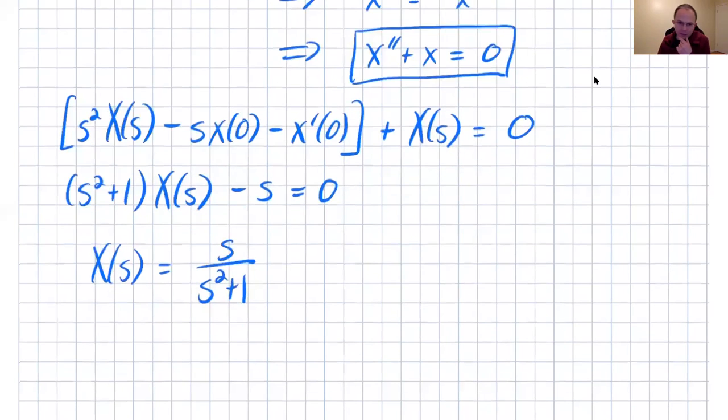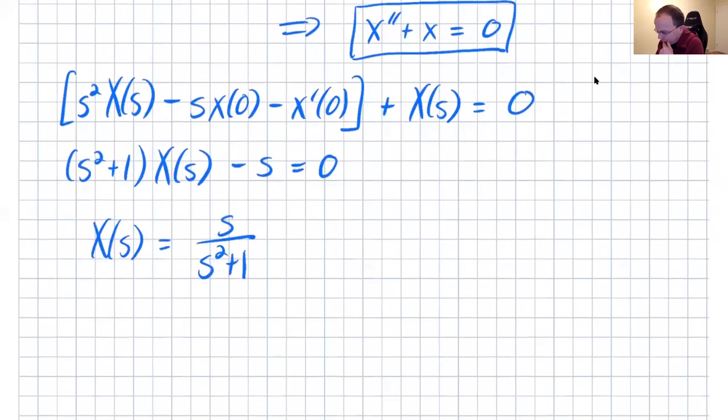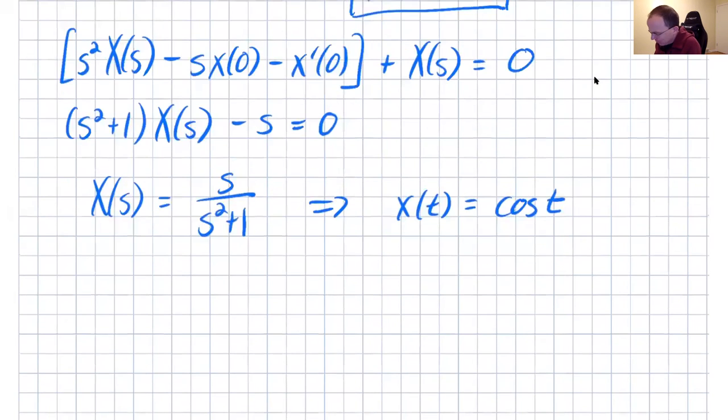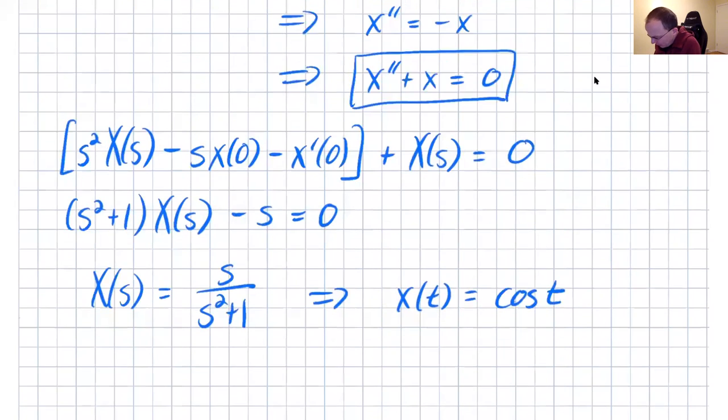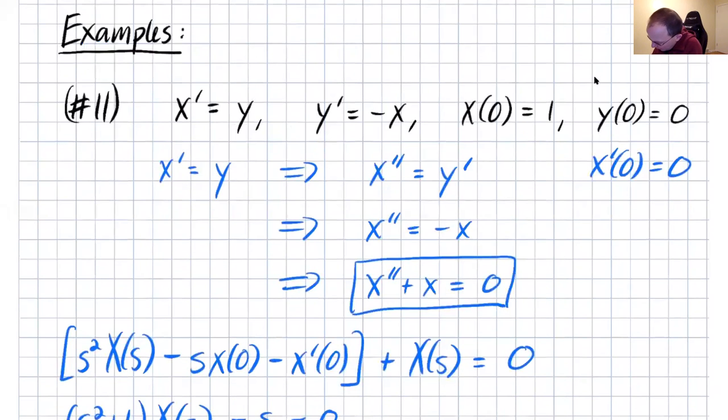And actually, that's a very easy one to invert. That's already on the table of Laplace transforms. So that tells us that x of t is equal to cosine t. Okay. And what else? How do we find y? Well, y is equal to x prime.